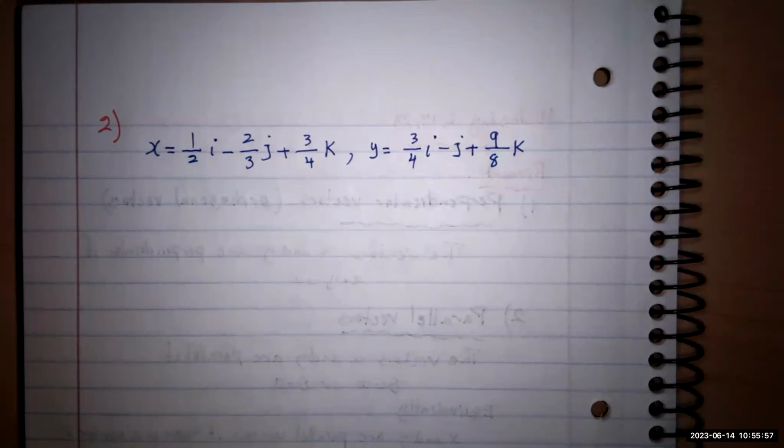Okay, you check to see if they are parallel. Any suggestion? Can you see if one of them is a multiple of the other one? Means if you multiply one of them by a number, you get the second one.